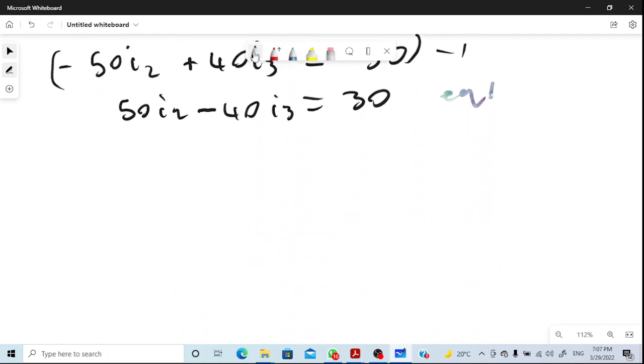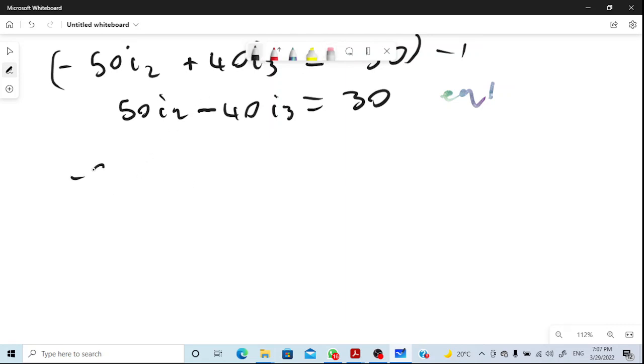I'm going to write my second equation right now. It will be minus 20 I1. Okay, let me not open the bracket right now, because I want you to see where the equations are coming from.